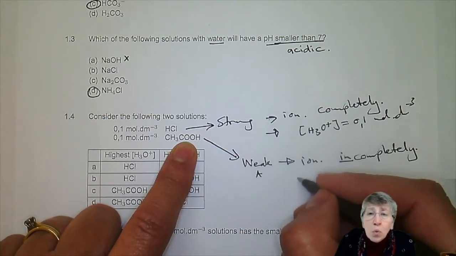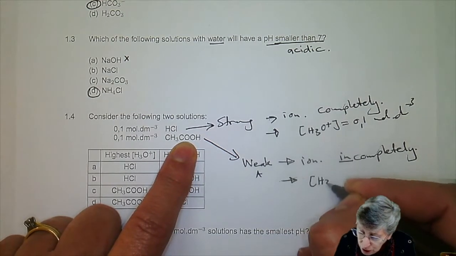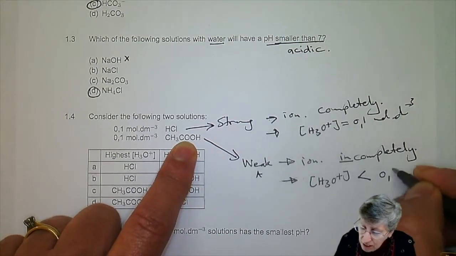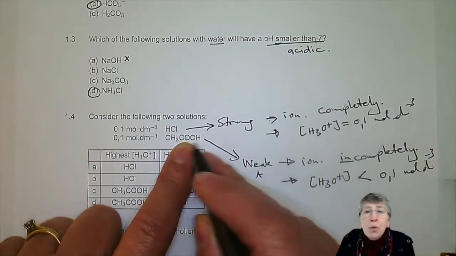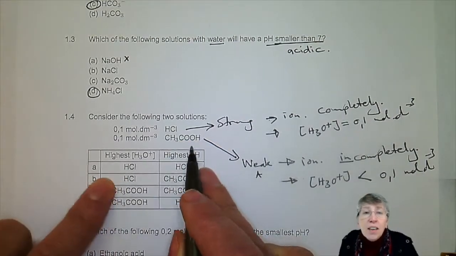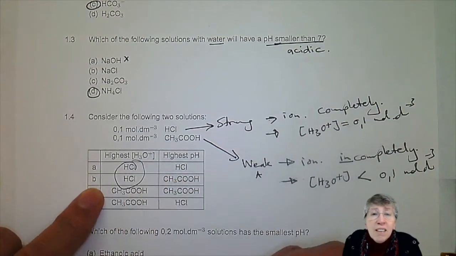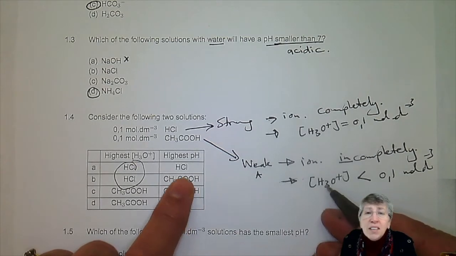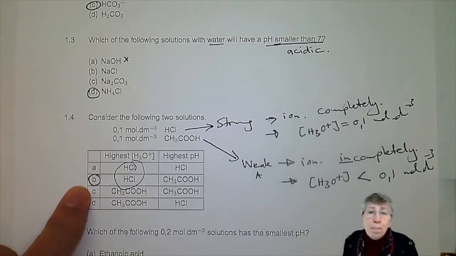Only some of them will ionize. And that means the H3O plus that you are making will be less than 0.1 moles per cubic decimeter, because not everyone is making an ion, right? That immediately tells me the highest will be HCl, and the higher the hydronium ion concentration, the smaller the pH, right? And that tells me I'm looking at B.